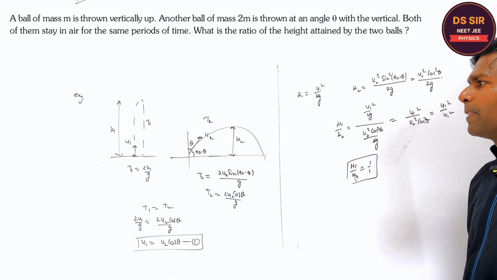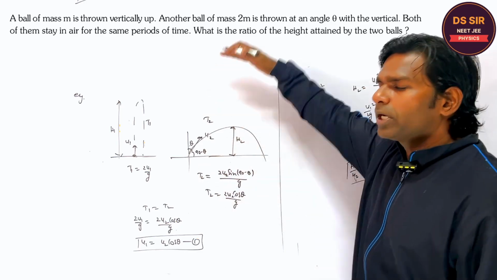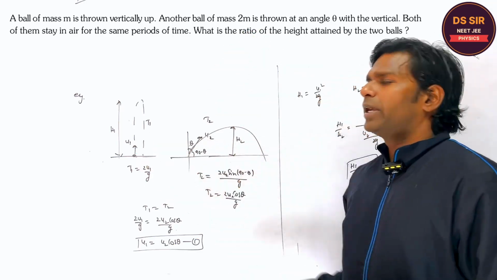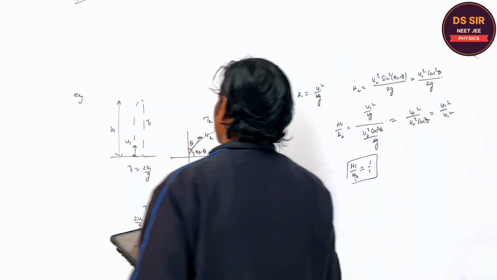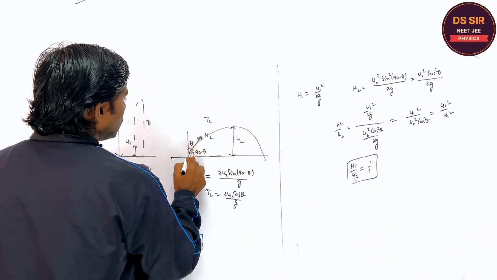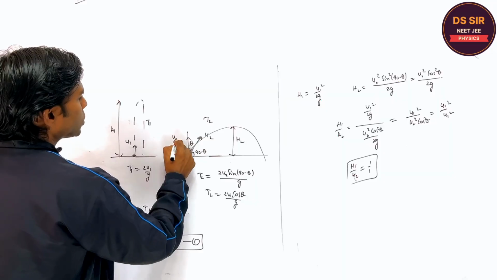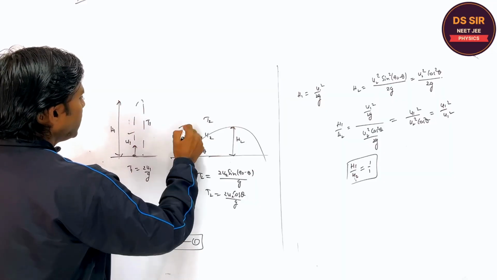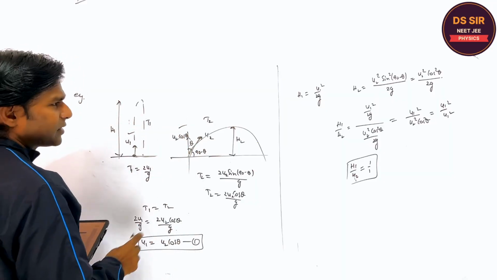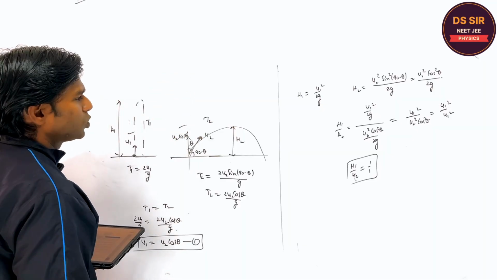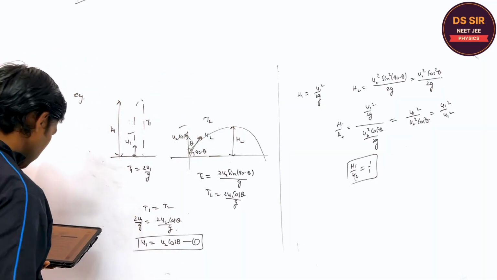And it must be, because the maximum height and the time of flight depend upon the vertical component. If this is u2 and this is u2 cos theta, and these vertical components are equal, then their time periods are equal and the maximum height attained by those particles is also equal, right? Copy this.